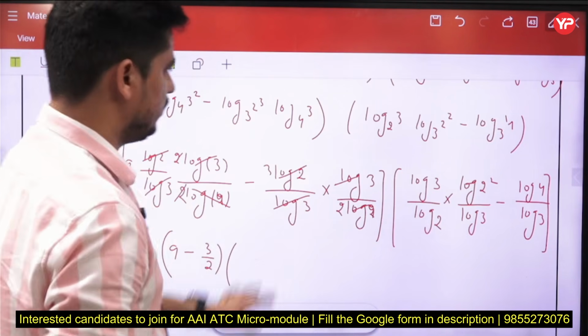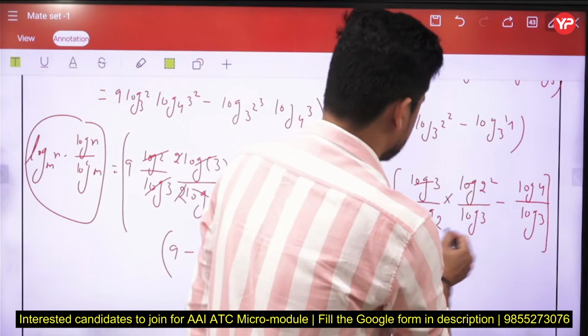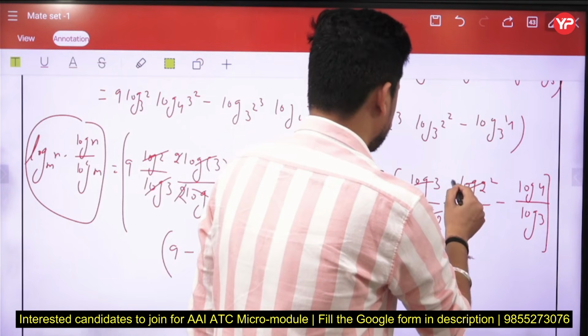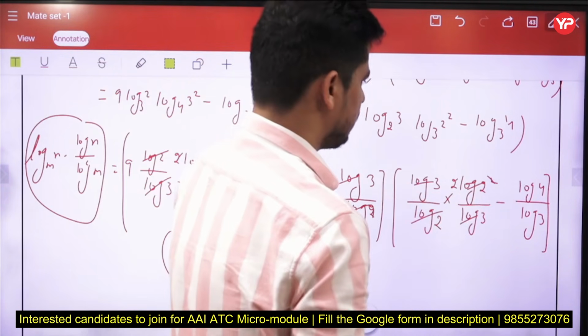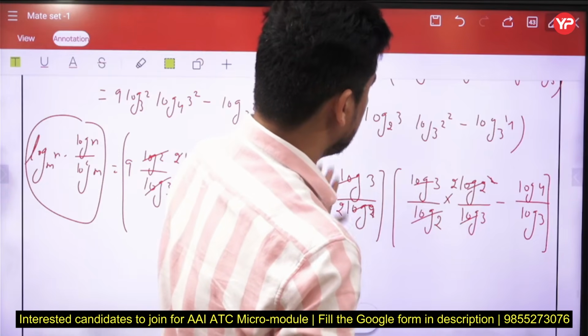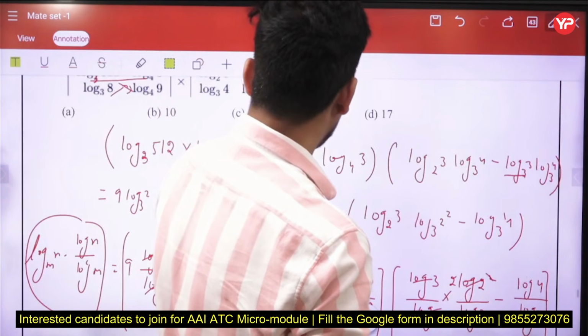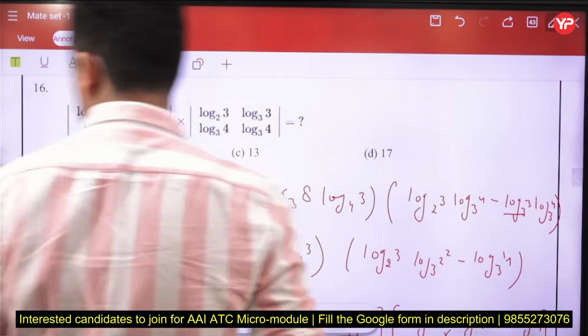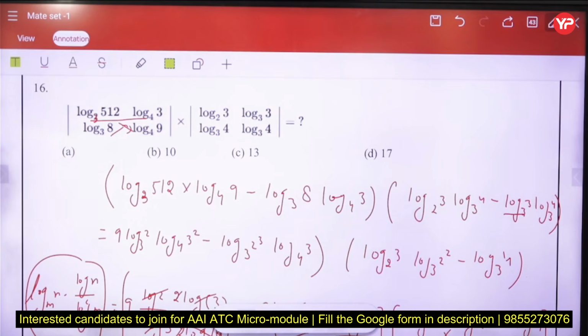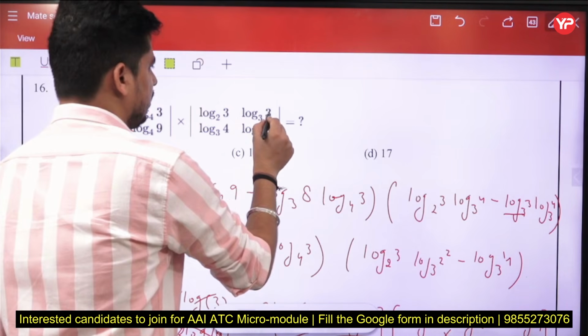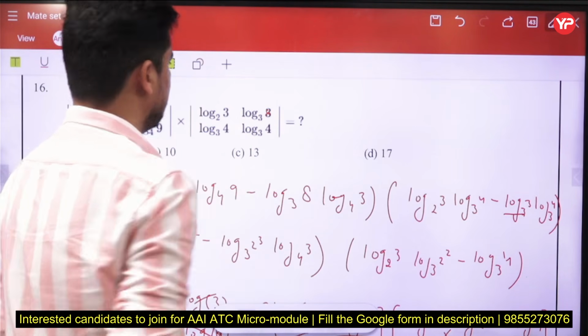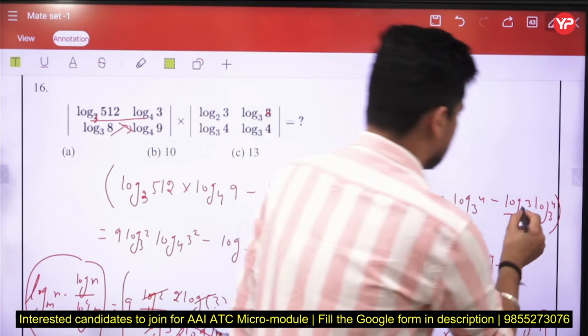Go to the next one. This 3 will cancel, this log 2 cancels, 2 comes out as the multiplication. And similarly, one more, this is also changed here, the last term, that is also not true. That is a printing mistake here, log of 3 base 8 here, that should be 8.